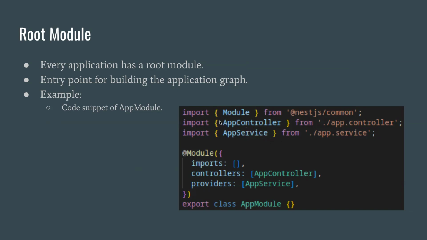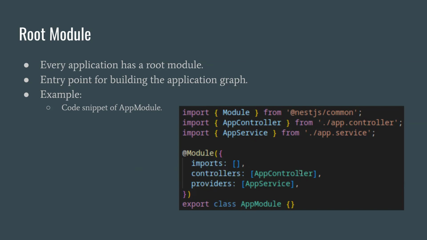We can see that we are importing Module from NestJS common, and we're importing AppController and AppService. We are exporting the AppModule class, and we have the module decorator with 3 properties: imports, controllers, and providers.